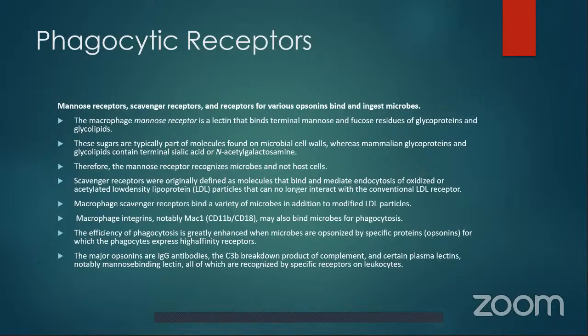The mannose receptor is basically the macrophage mannose receptor, which is a lectin. It binds the terminal mannose and fucose residues of the glycoproteins and glycolipids. These sugars are typically part of the molecules found on the microbial cell wall, whereas mammalian glycoproteins and glycolipids contain terminal sialic acid or N-acetyl galactosamine.